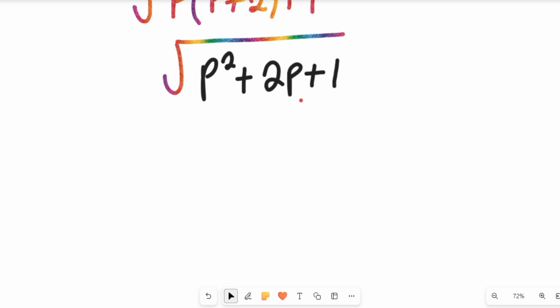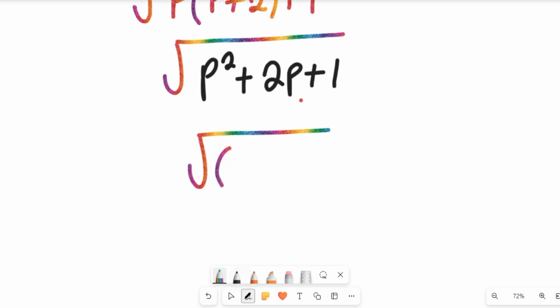From that quadratic expression, you can see that the square root of this whole thing can be simplified to become p plus 1. Because if you simplify this, let's do that.